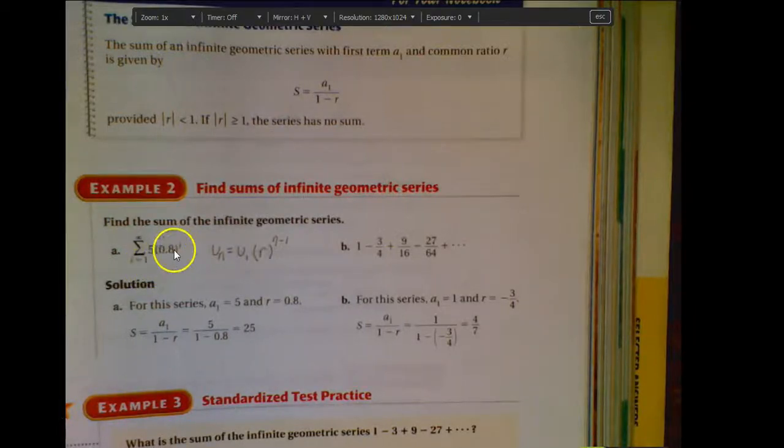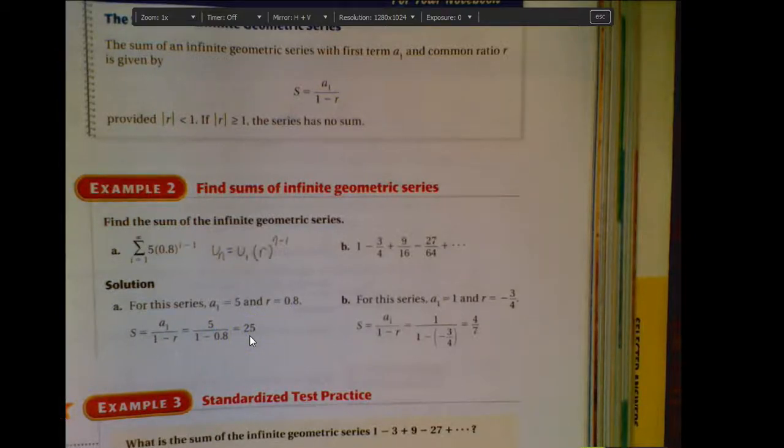If I plugged in a 2, I would get my second term of the sequence, and if I do my second term divided by my first term, I could get my common ratio that way. So that works too. But anyway, once you've identified the first term and the common ratio, we just plug them in, and the rest is calculator work to get our answer.